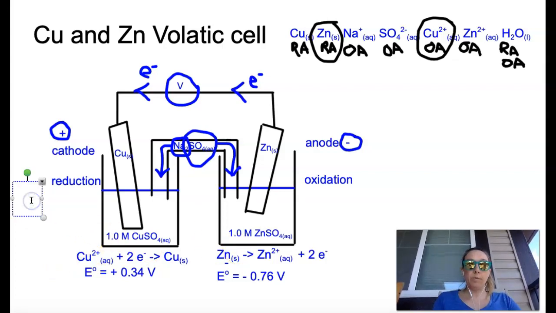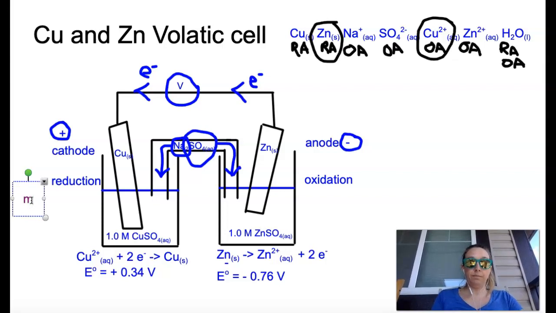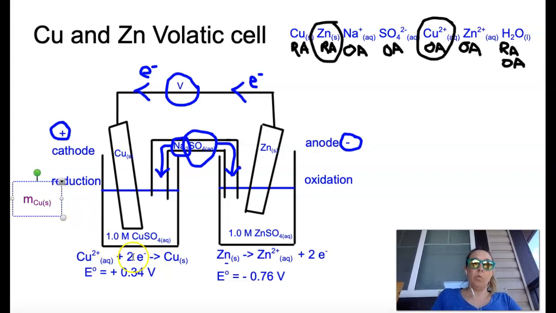So, things we're going to talk about. We are going to talk about the mass of that solid copper. When we look at the half reaction, solid copper is over here on the product side. That means as this reaction occurs, I am producing more and more solid copper. That solid copper is all going to attach itself to this copper electrode.